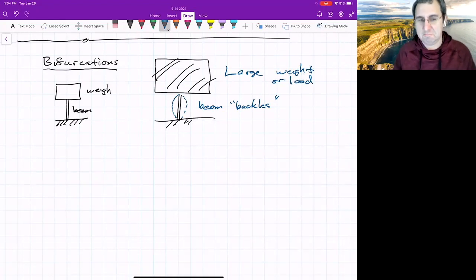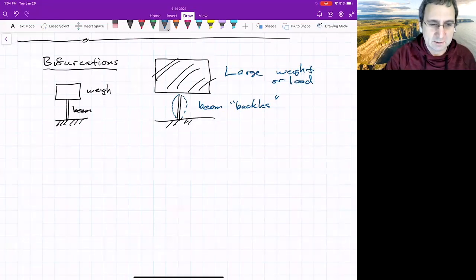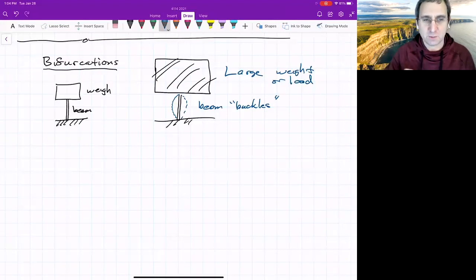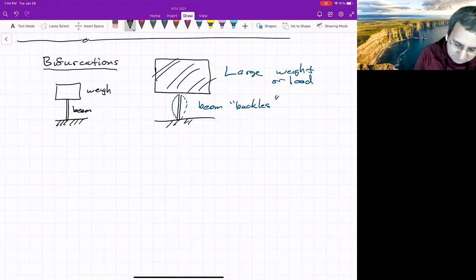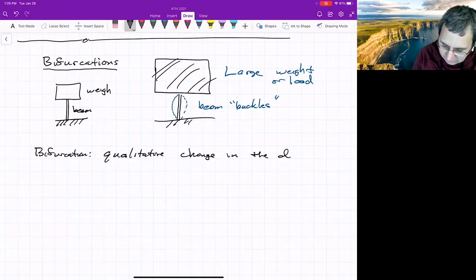Okay, so that gives you an idea. Here, the weight or the load plays the role of what we're going to call the control parameter or bifurcation parameter. So let me give you an idea of what a bifurcation means. Bifurcation: a qualitative change in the dynamics of a system as a parameter is varied.